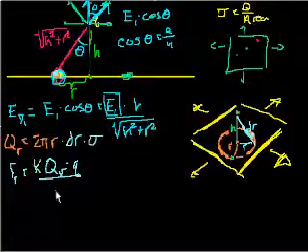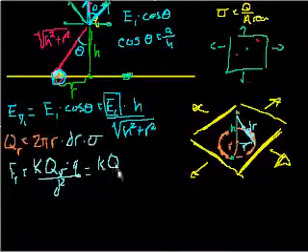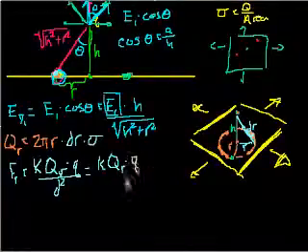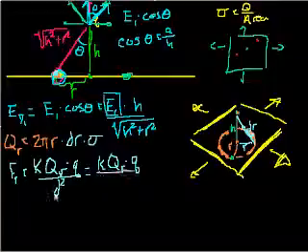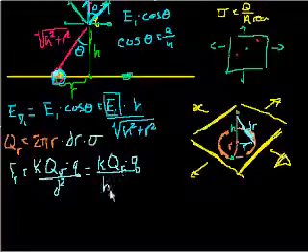So the force is equal to k times the charge in the ring times our test charge divided by distance squared. Well, distance is the square root of h squared plus r squared, so if we square that, it just becomes h squared plus r squared.